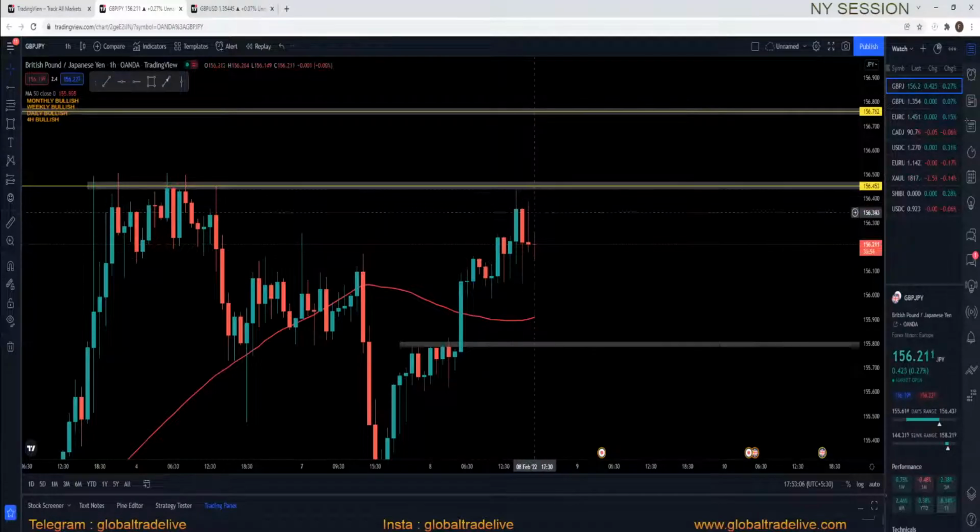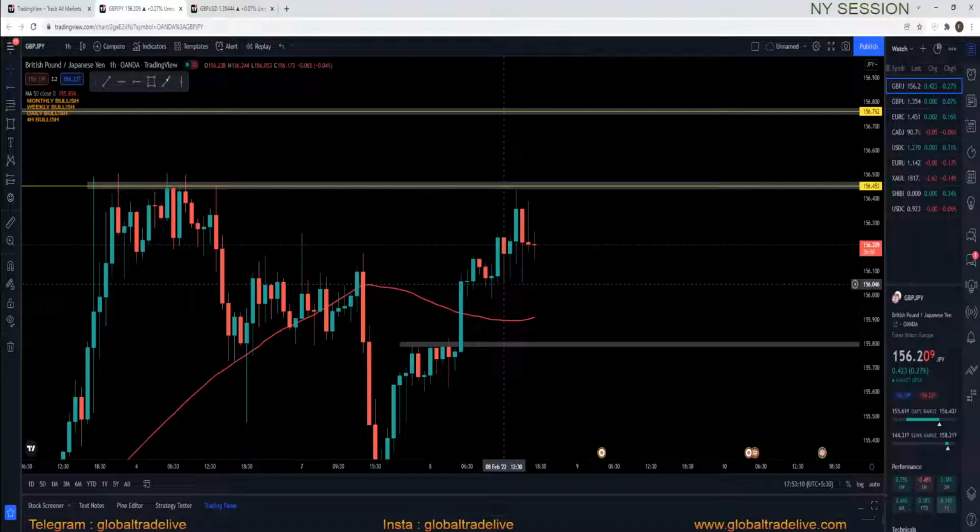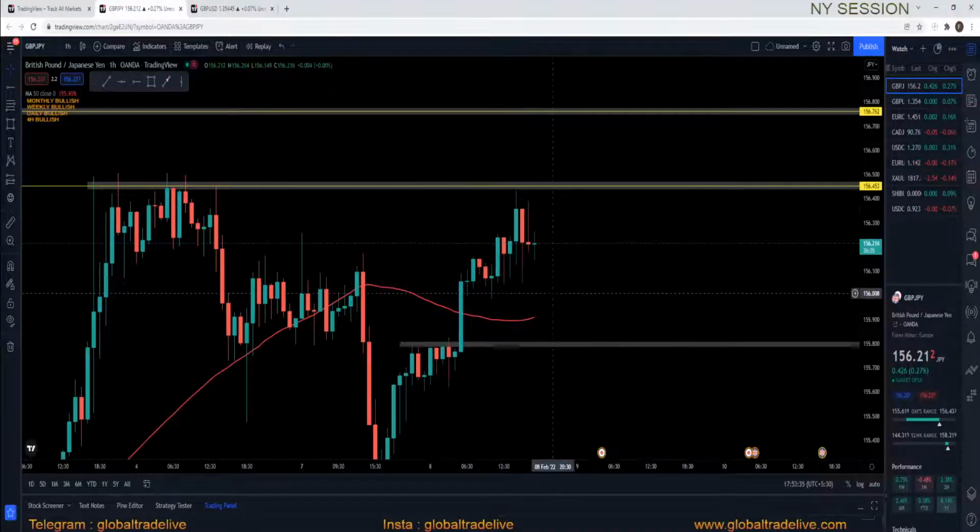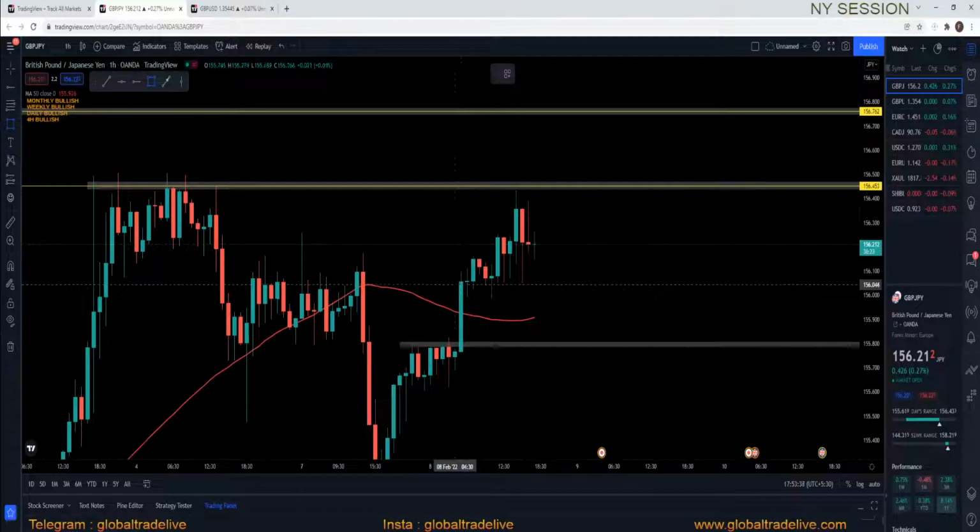Then it's consolidating. So what piece of information we just got over here is a clean range.